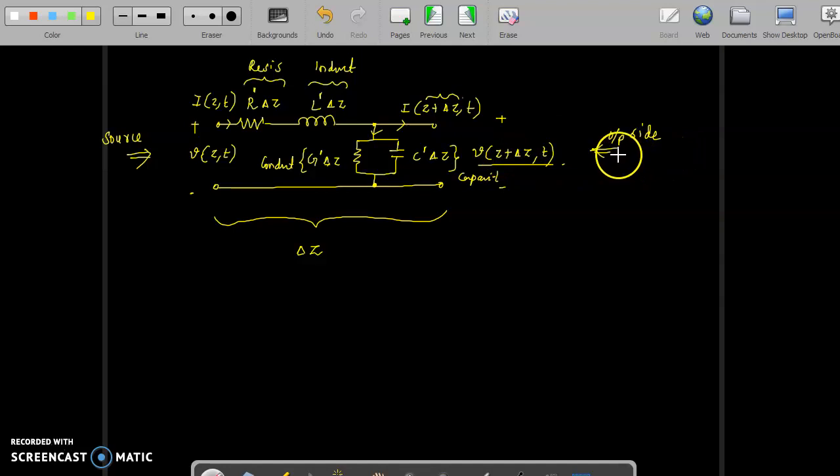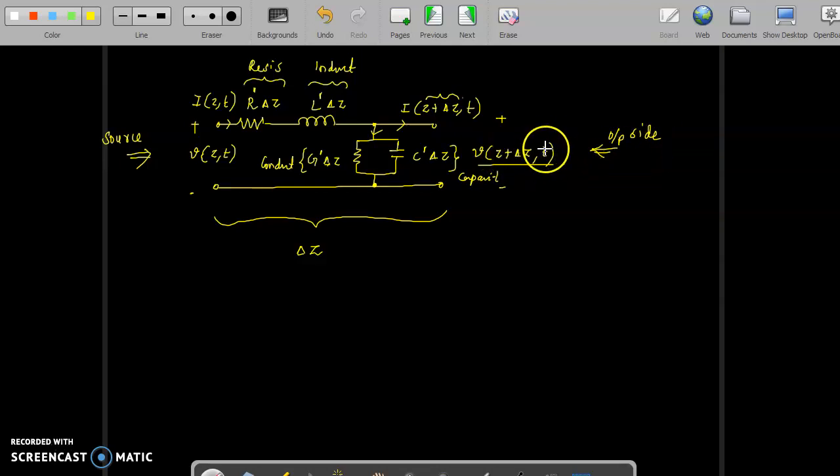The voltage will gradually reduce if it is heavily loaded. If it is lightly loaded, the voltage will gradually increase. That is the Ferranti effect.